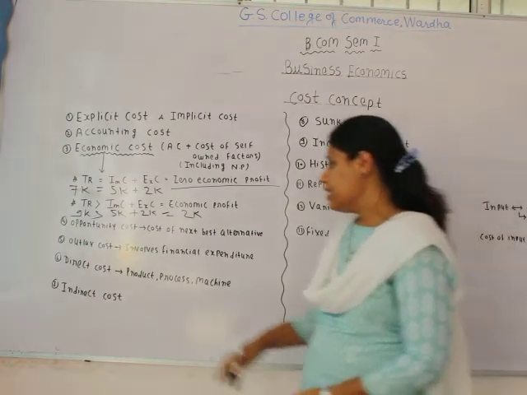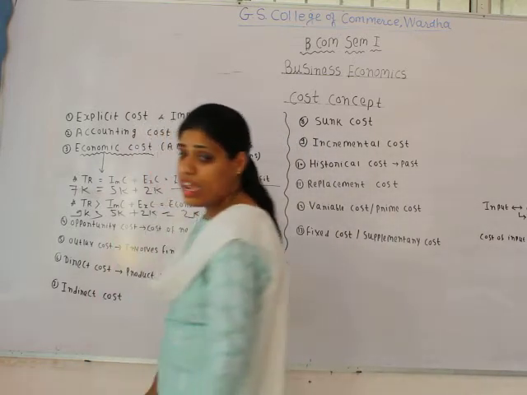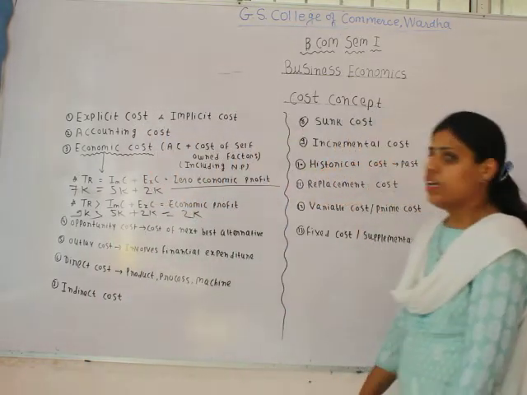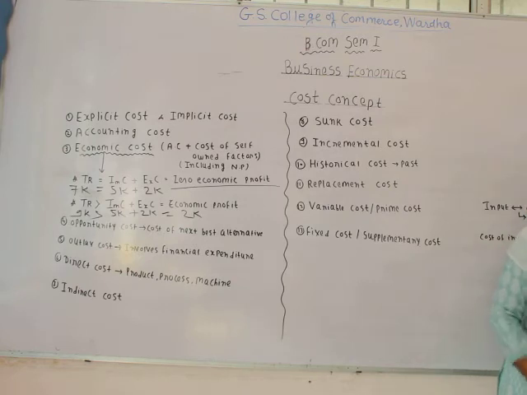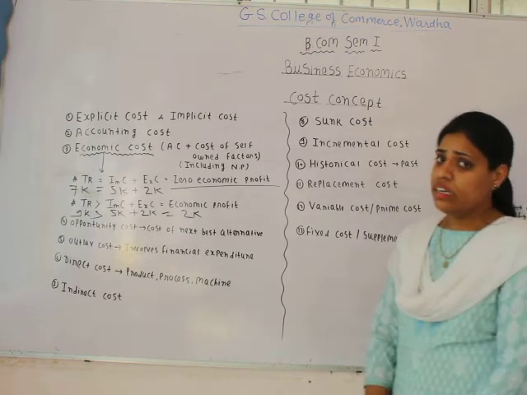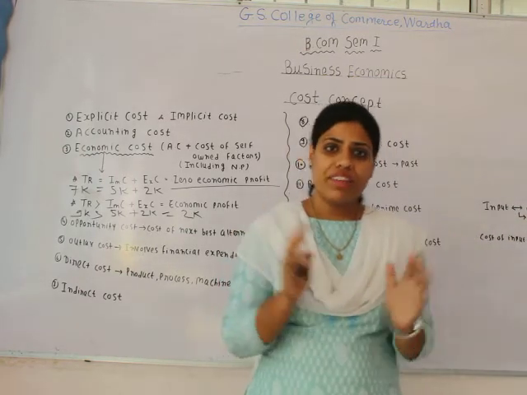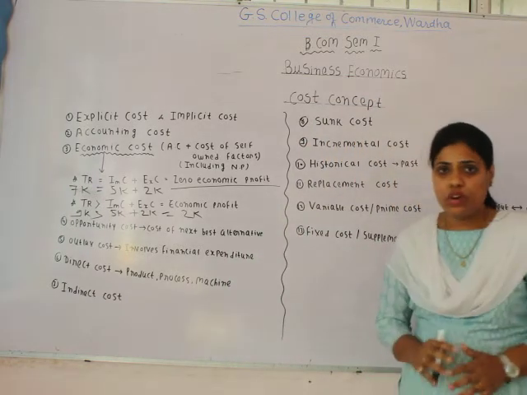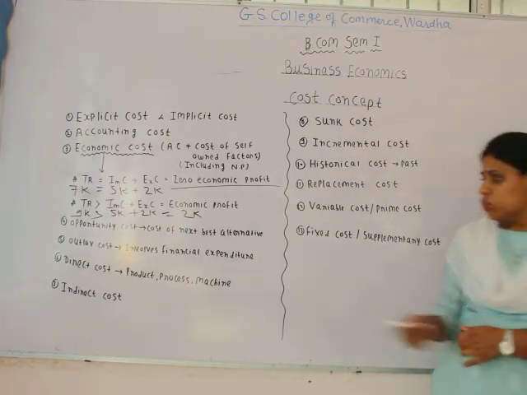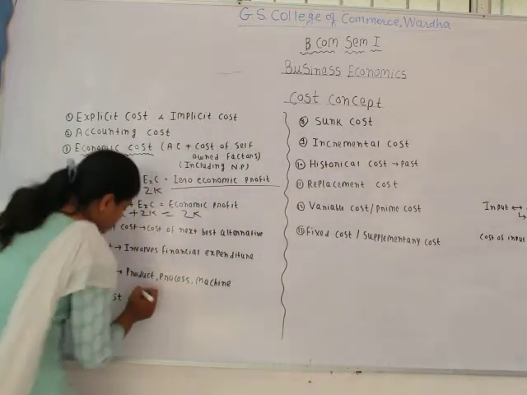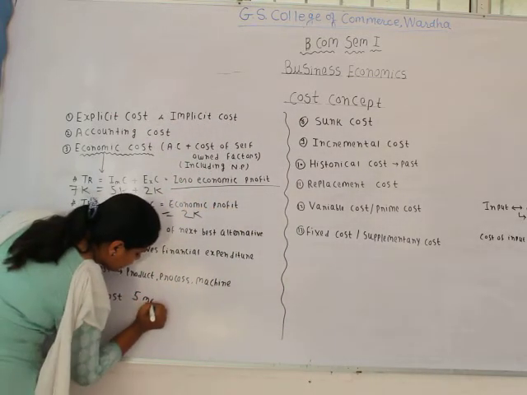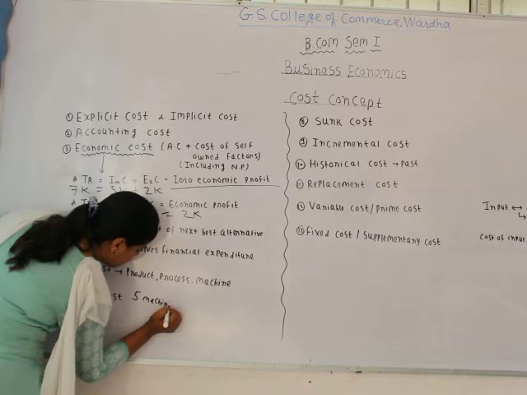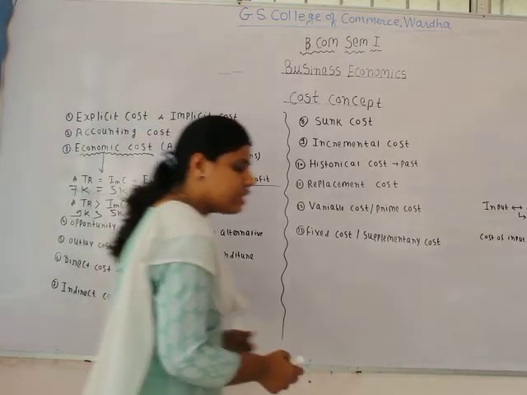The next one is indirect cost, also known as non-traceable cost. Like the cost of electricity is a non-traceable cost. You have a factory where you are operating 5 machines. Now you cannot associate the cost of electricity with each machine.